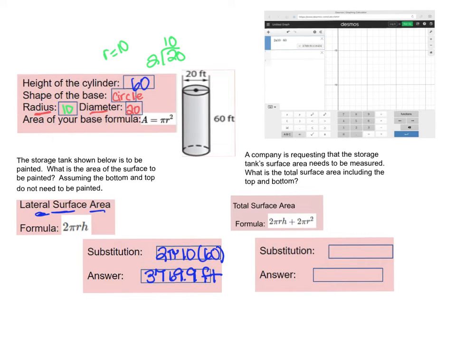So let's do that now. This will be quite fun. All right, let's start doing some substitution. The first part, we can look to the left, and we already know it's going to be 2 pi, our radius 10 times a height of 60, and that's the same as the lateral surface area.